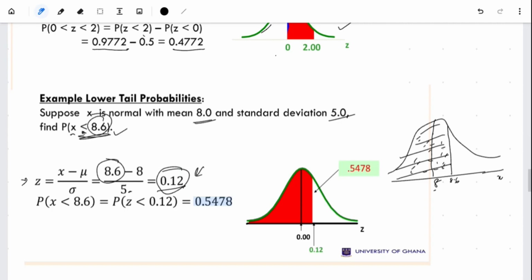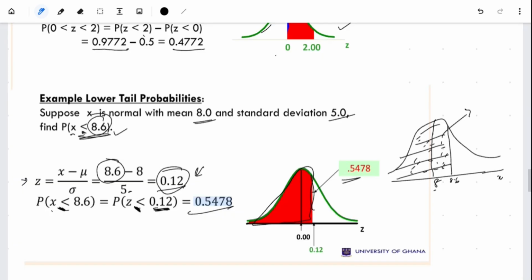Since S is less than, Z is less than, and that probability means Z still falls within the probability range. So when we trace our 0.12, we are going to get this, right? So this becomes the probability for this side. That's what they indicated here. So all from this place to this place represents this probability.